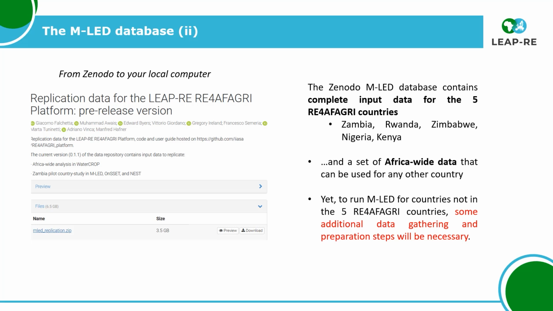But you would still need to carry out some additional data gathering and preparation steps, which, by the way, are described in detail in the extended video of the MLED model, which is a follow-up of this installation video. So if you would like to run the model, and specifically to develop a country model beyond these 5 models, I highly recommend you check out the extended MLED running and preparation video.